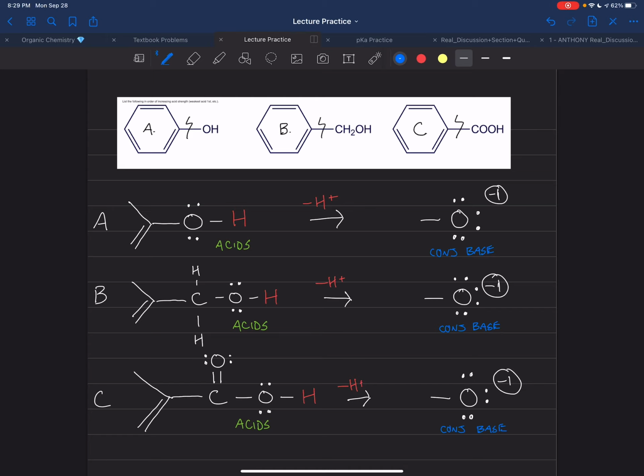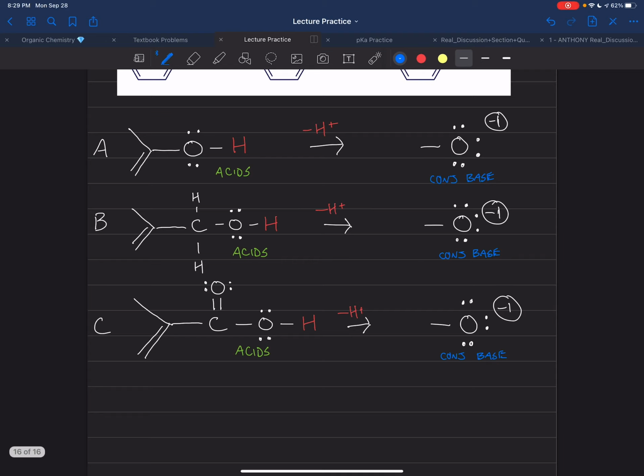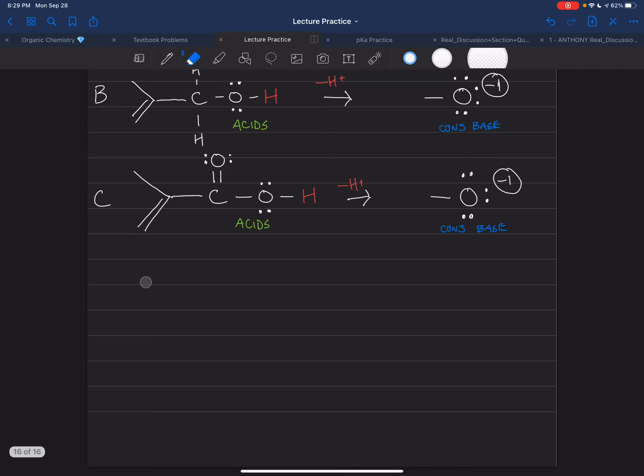And if we have something that's charged, I always just remember that OH minus is like the base of all bases, and H plus, a proton, is like the acid of all acids. That's kind of what your hint is sometimes.